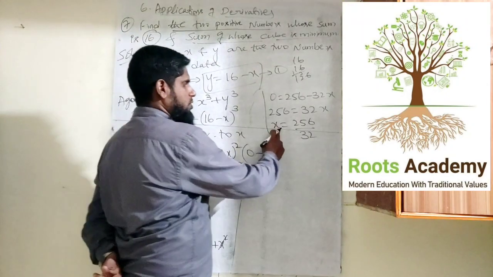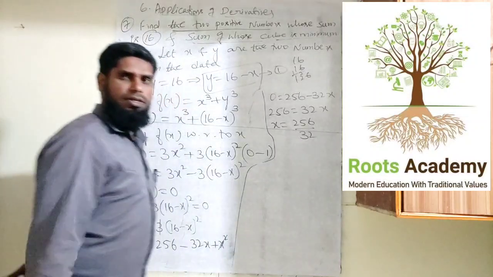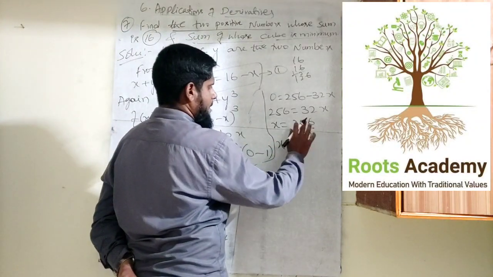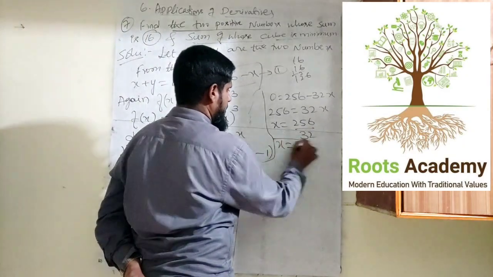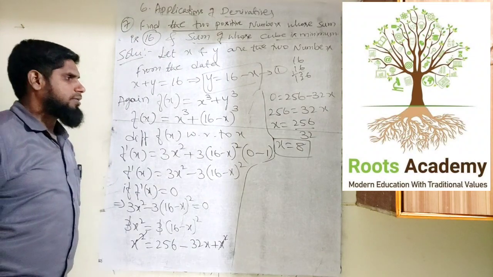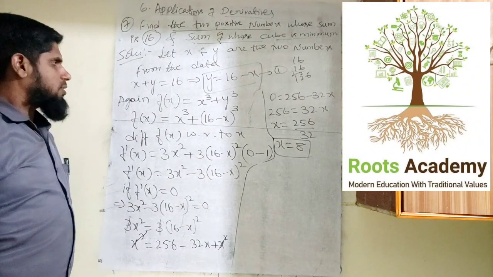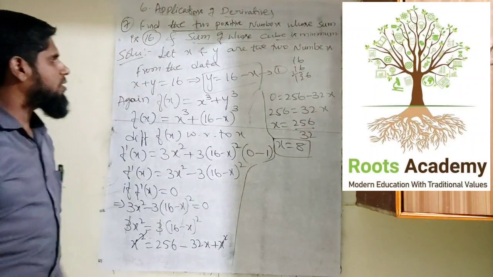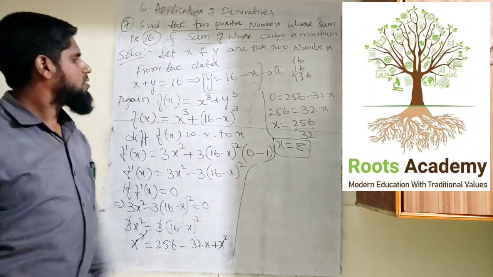x is equal to 256 by 32. Then our x will be 8. x is equal to 8. Let us check whether we get y as 8 here. Yes.